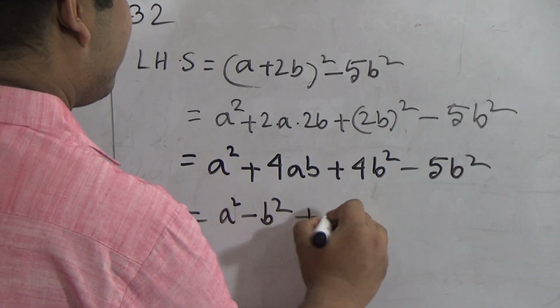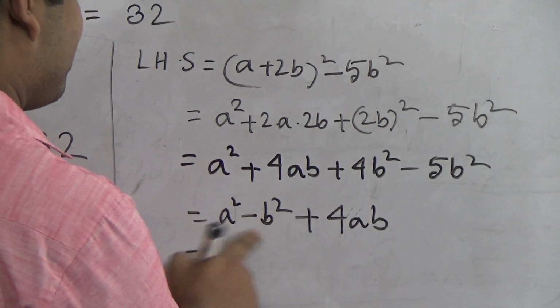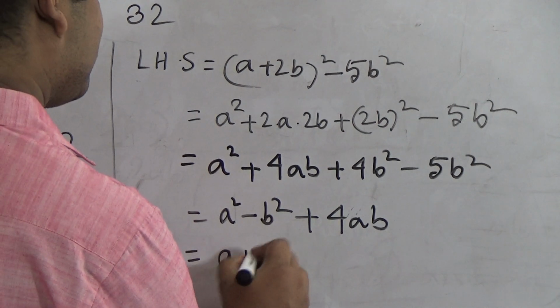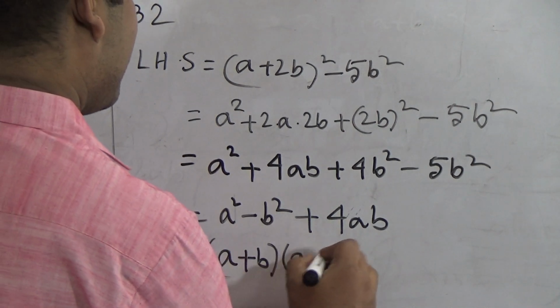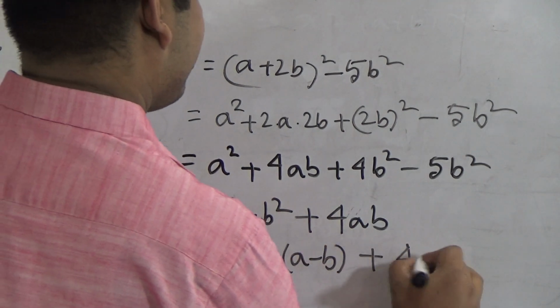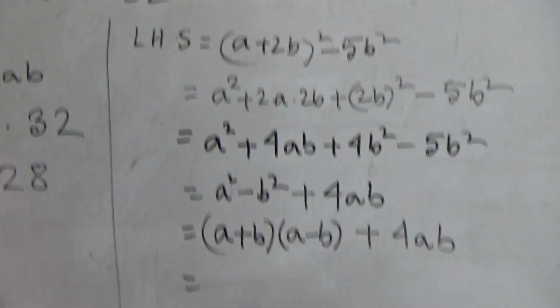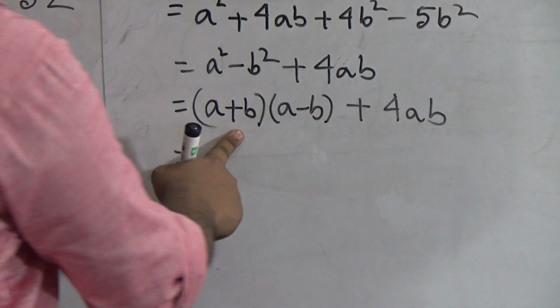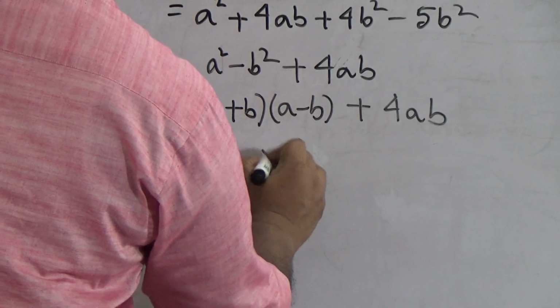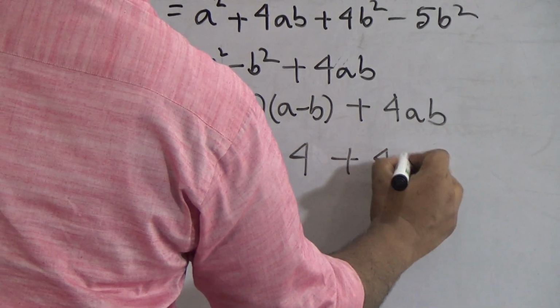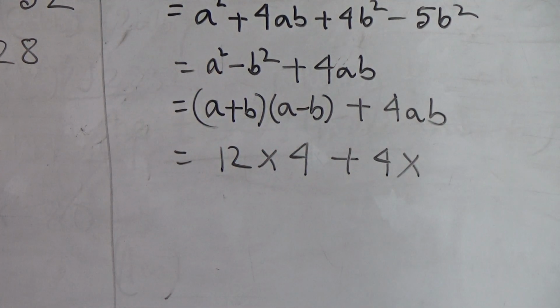Now plus 4AB. Now what is the formula of A square minus B square? The formula of A square minus B square is A plus B into A minus B, plus 4AB. Now we put the value of A plus B and A minus B. The value of A plus B is 12 and the value of A minus B is 4, plus 4 into what is the value of AB?